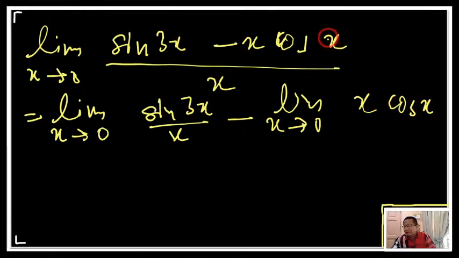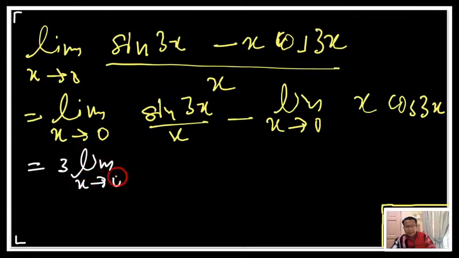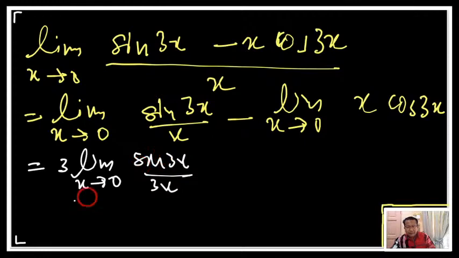Oh, sorry, cos 3x. So this one, we have done it previously in the previous example. So this one will become limit x approaches 0, sin 3x over 3x. This one is 1, this one is 3.